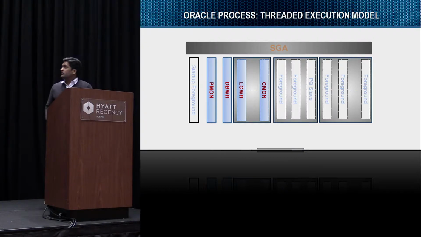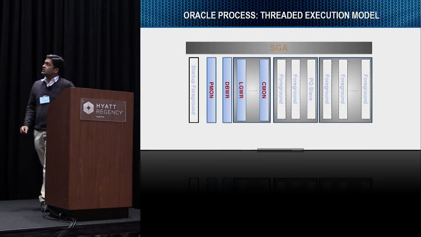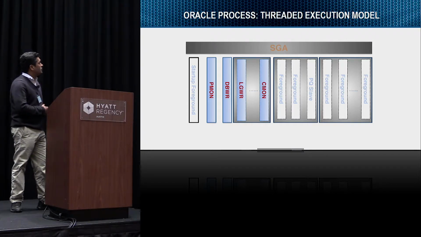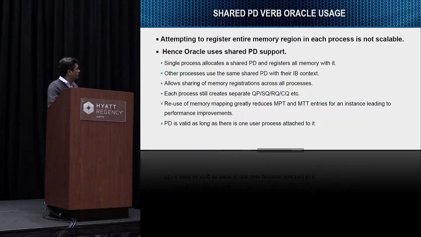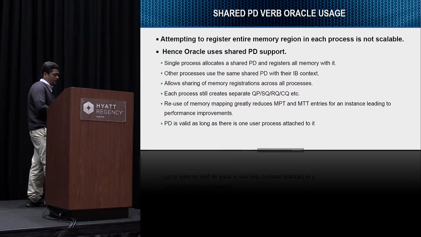So with that brief introduction, let's get into the actual use case I wanted to talk about and give some perspective from our side. So as I said, the scale is really, really important.